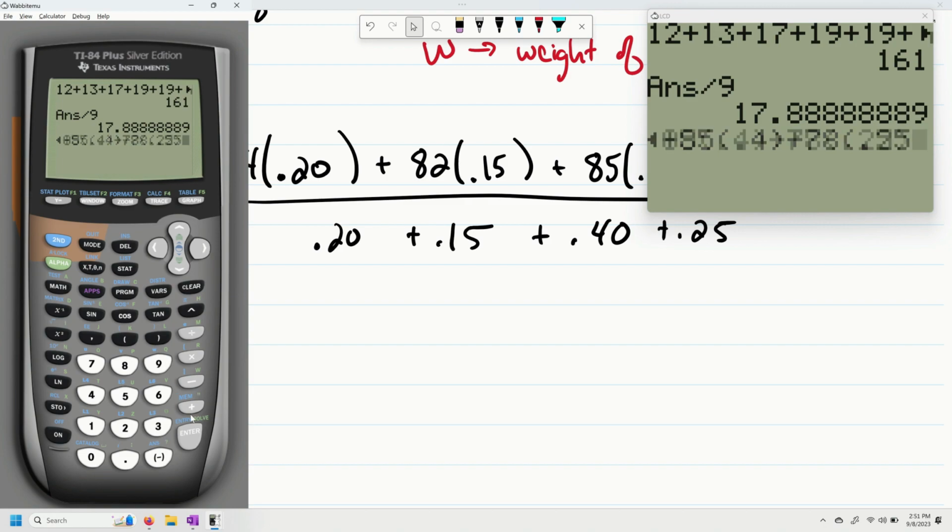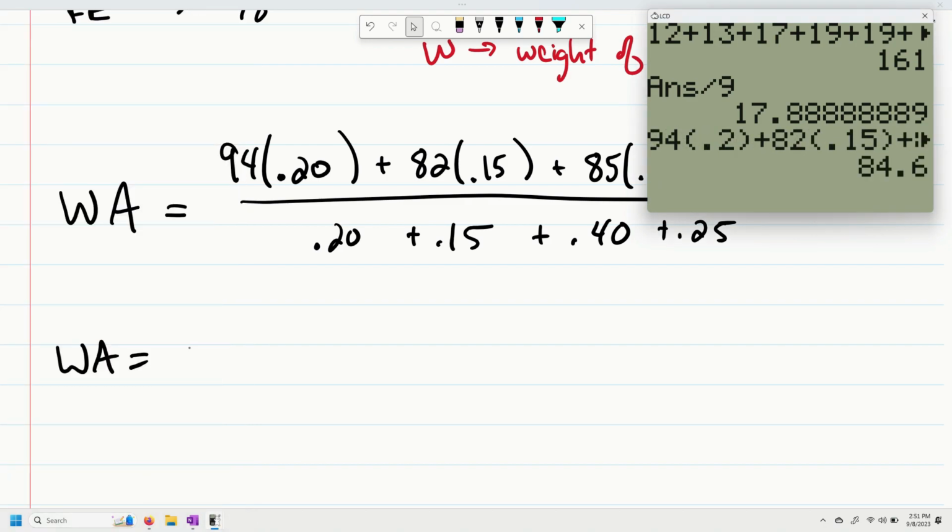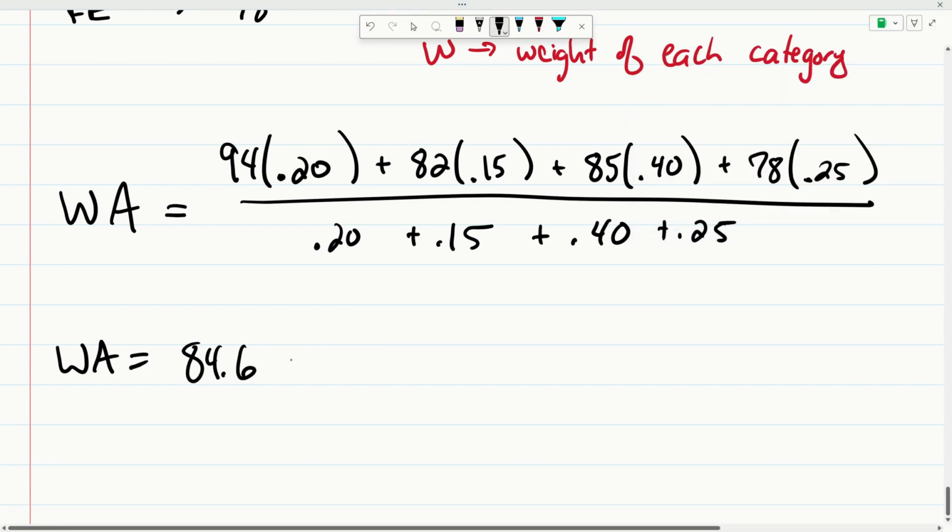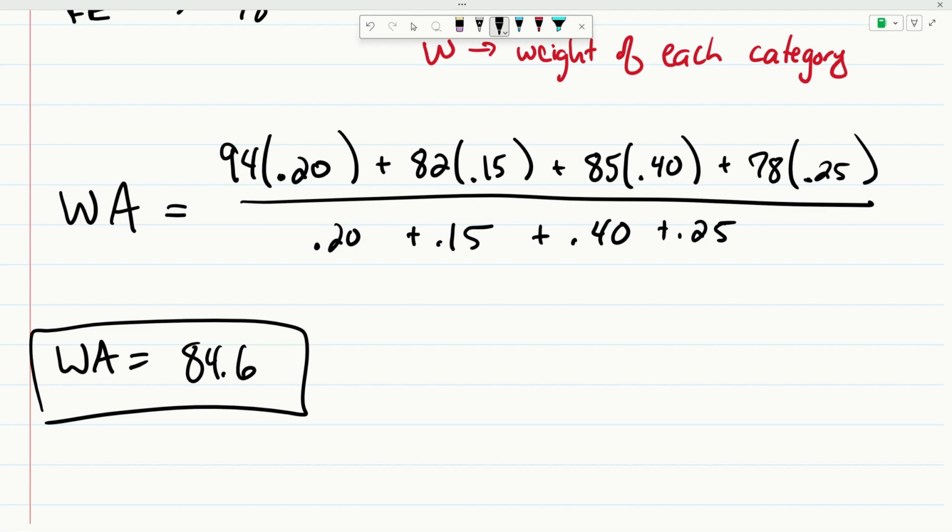So my weighted average at the end of the semester would be 84.6. And that is exactly how we calculate all of your weighted averages in any college you ever go to in the world. It's the same exact process.